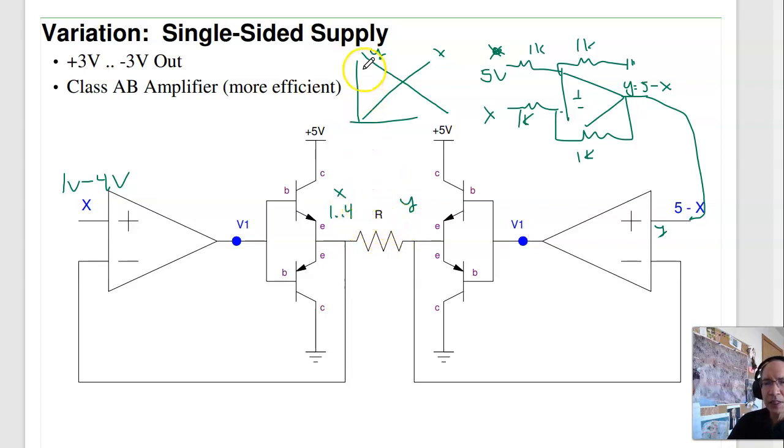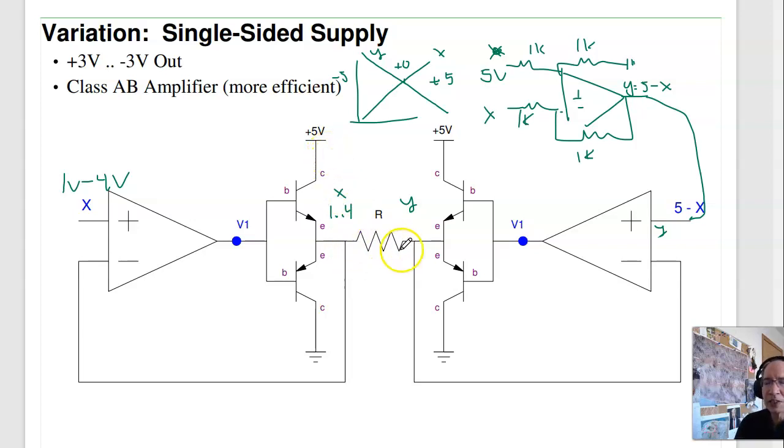Over here, the difference is minus 5 volts. Over here, X minus Y is plus 5 volts. And in the middle, when they're both at 2.5, the difference is 0. So I can go minus 5 volts to plus 5 volts across the load with only a 5 volt power supply.